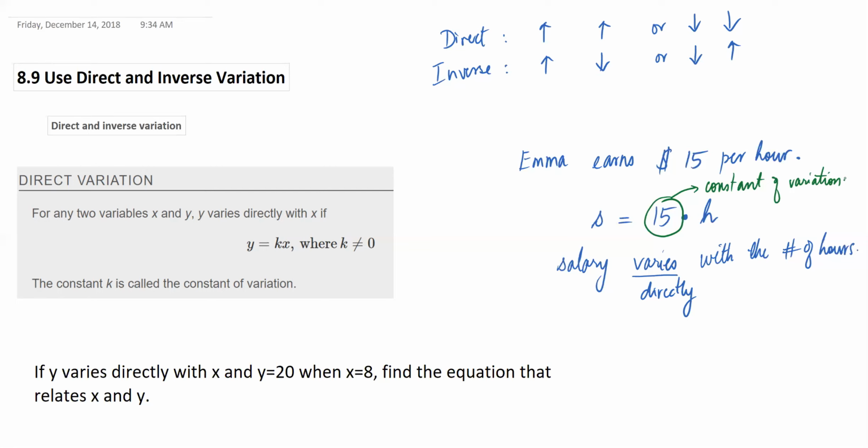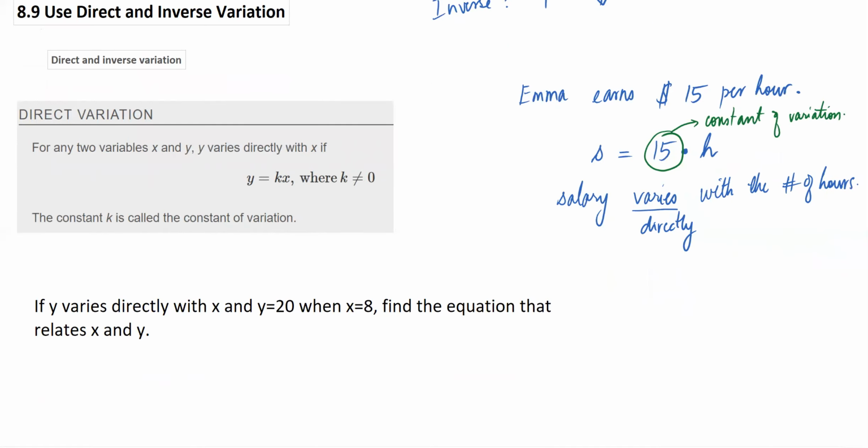Here the salary is affected by the number of hours, but each hour gets a pay of $15. So 15 is constant, and it affects the salary by multiplying with the number of hours. This formula says y equals kx, where k is the constant of variation.